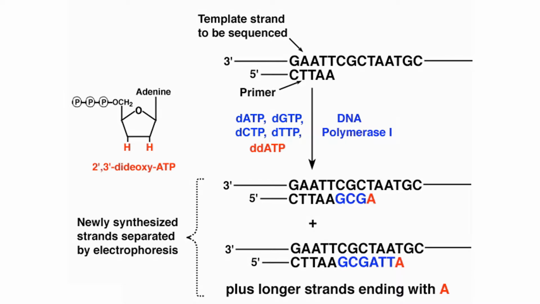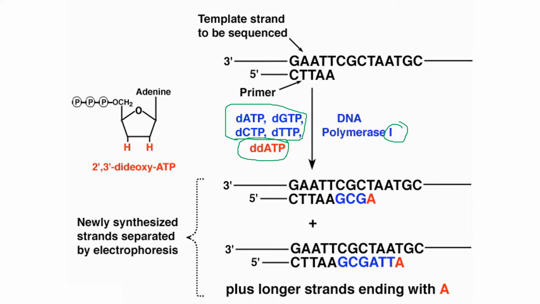So here's our template sequence. Remember, DNA is copied 5' to 3', so we've got a 5' primer. We have a reaction mixture that contains our regular dNTPs and then that ddATP. And this is DNA polymerase 1 utilized in this reaction.